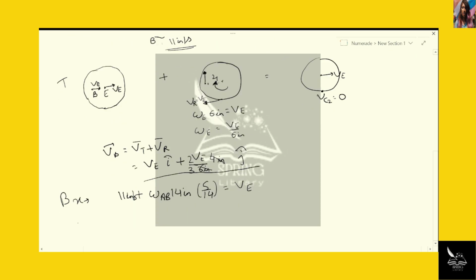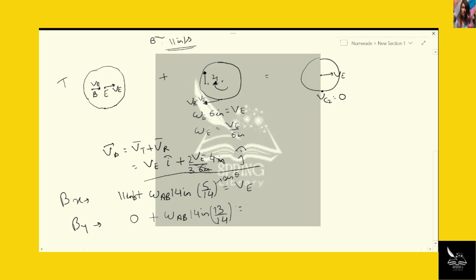Similarly, for the vertical component, we have no vertical component for point B from translation, because the translation velocity is purely along horizontal. So it's 0 plus the rotational component, which is omega AB times 14 inches times cos theta, so 13 by 14. Let me just write it down.